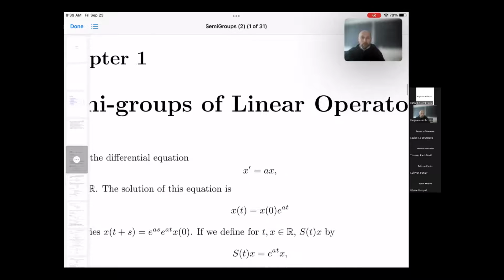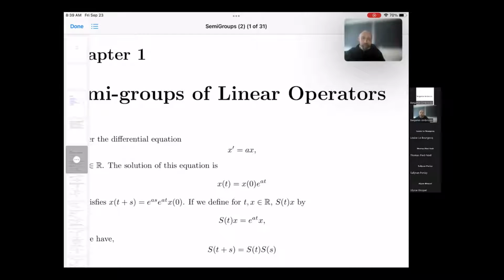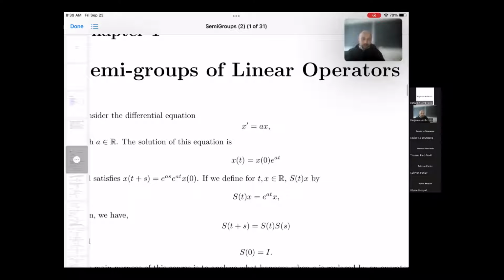Now, what's interesting to remark with respect to this course is that you can check that this solution satisfies x of t plus s equals exponential of a times s times exponential of a times t times x0. So this comes from the property of the exponential, right?